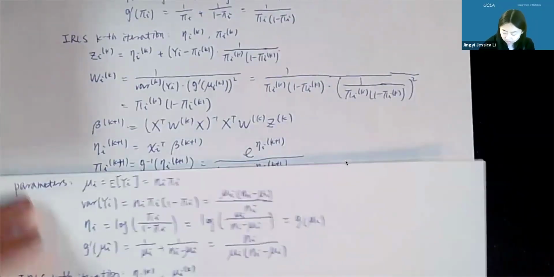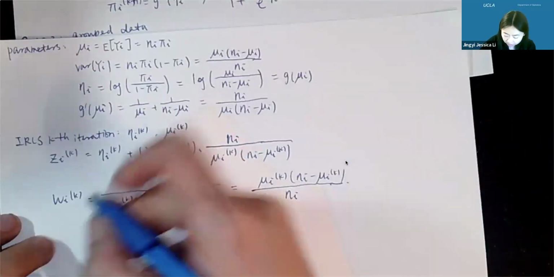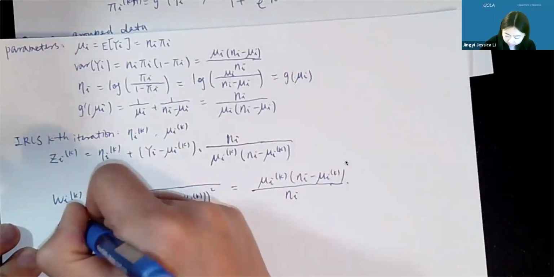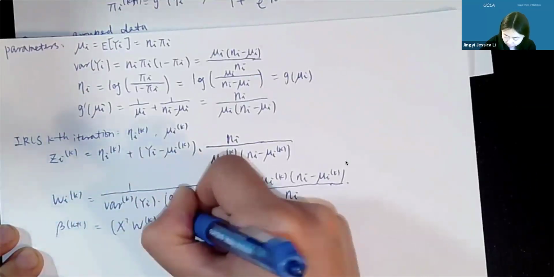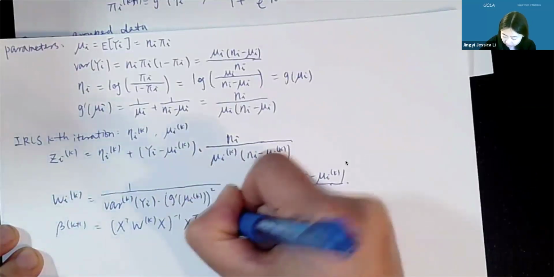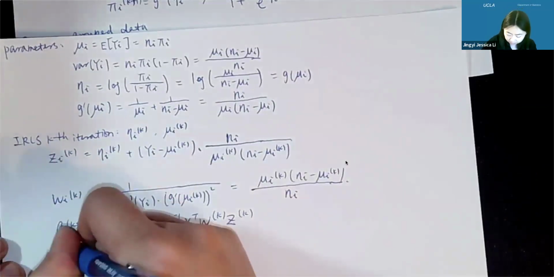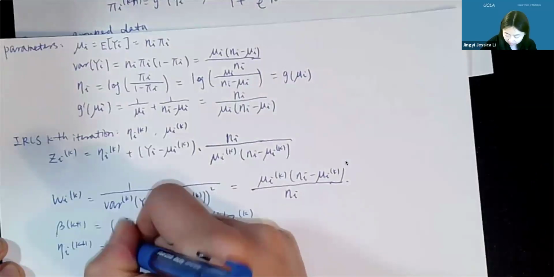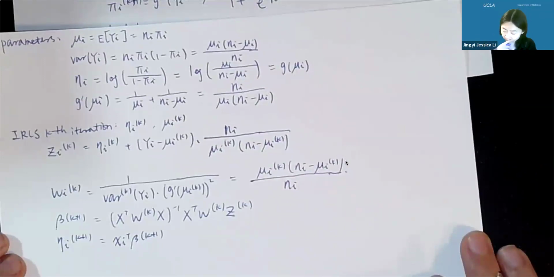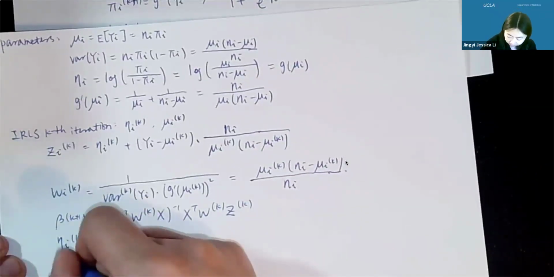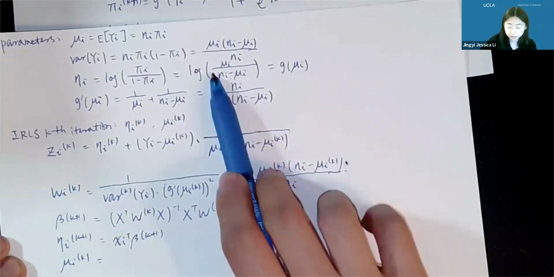To make sure you are familiar with this, beta_{k+1} is (X transpose W_k X) inverse X transpose W_k z_k, weighted least squares. And eta_i^{k+1} is x_i transpose beta_{k+1}. Finally, we want to update the mu_ik, which is the inverse of this.